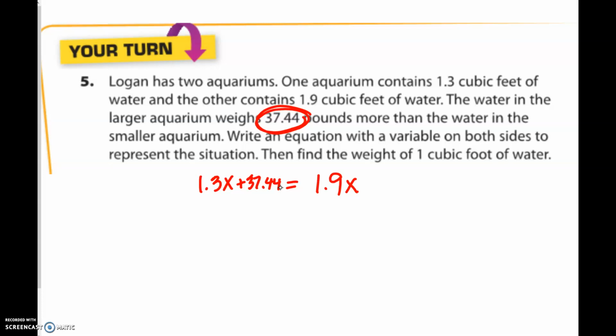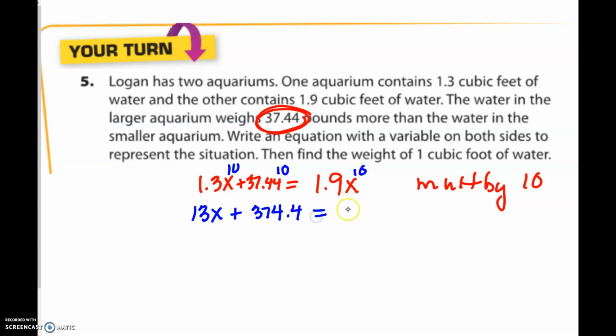So what we just said is we've got 0.3, so I can multiply by 10. I only need to move this decimal one place, so I'm going to multiply by 10, multiply by 10, multiply by 10. That way I get 13x plus 374.4 equals 19x.